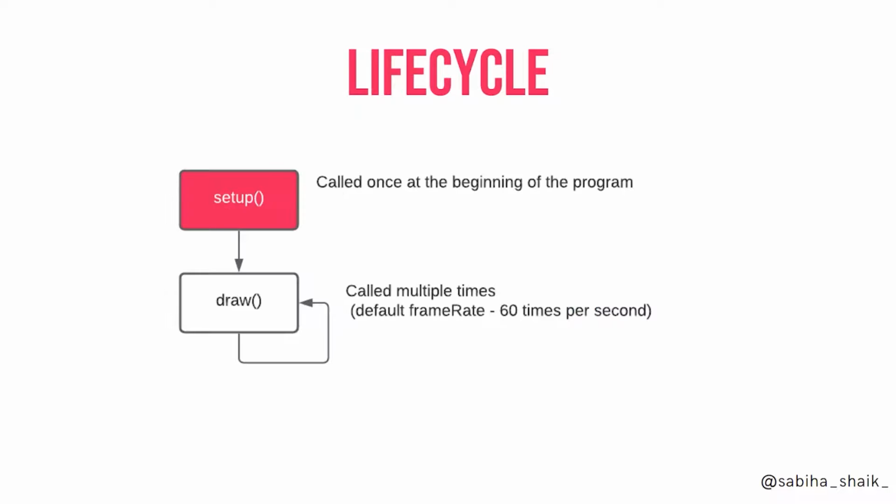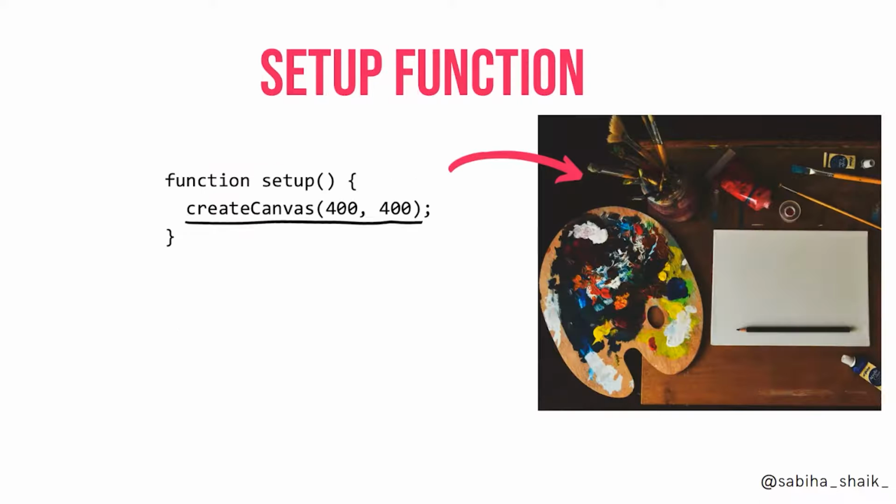Anything that you add within the setup function is called just once at the beginning of the program, while the draw function is called about 60 times per second by default. This value can be changed later in the code by adjusting the frame rate. But this is how the default p5.js is set up.